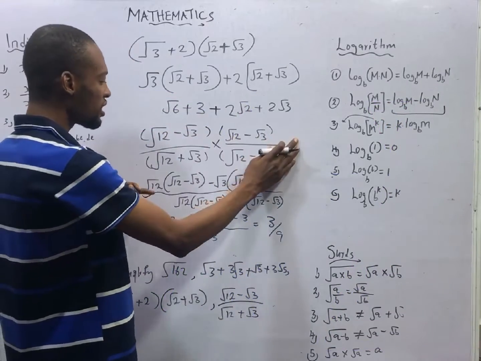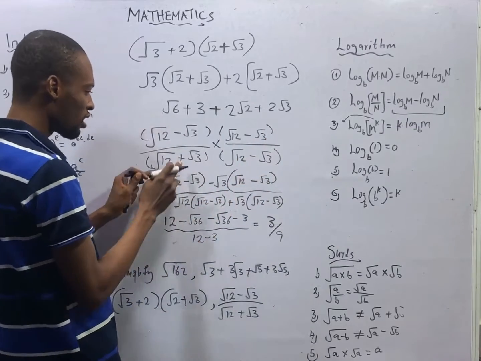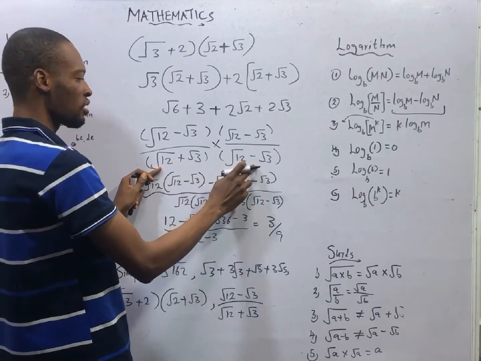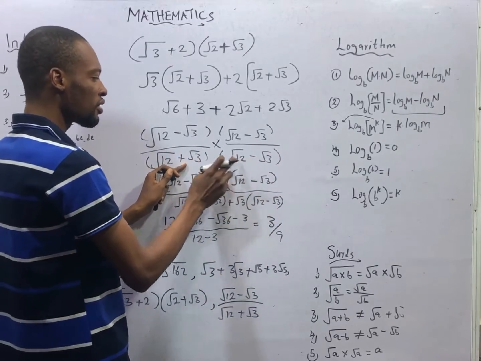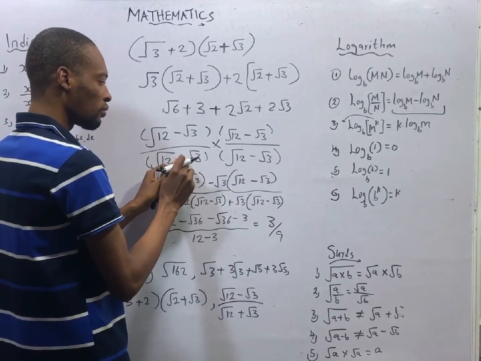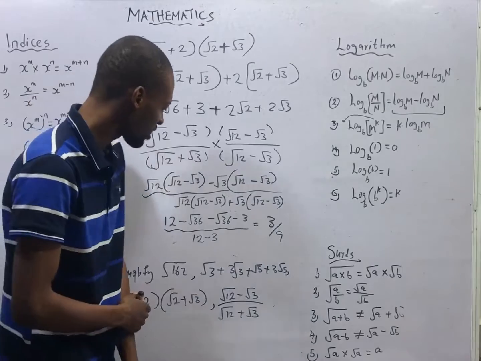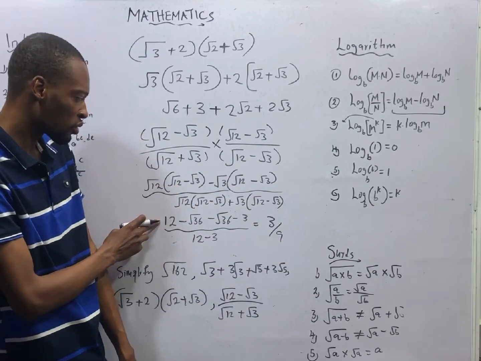This to multiply everything here, minus root 3 multiplying everything here, over 12 times root 12, and also 12 times minus root 3, plus root 3 times root 12, plus root 3 times minus root 3. So these are the basic operations. Root 12 times root 12, you get 12.